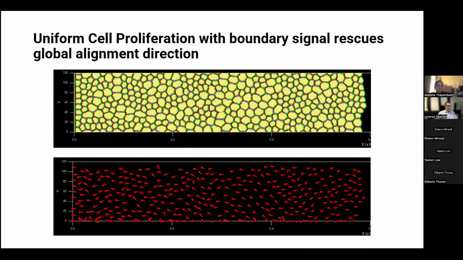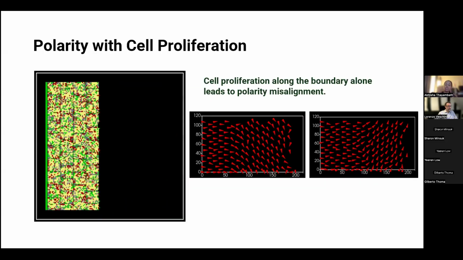Uniform cell proliferation with a boundary signal rescues the global alignment direction. But either way, if you start with a small patch of tissue and let the cells grow and divide, the polarity propagates, even though there is a slight misalignment when you do it only for the cells along the boundary.